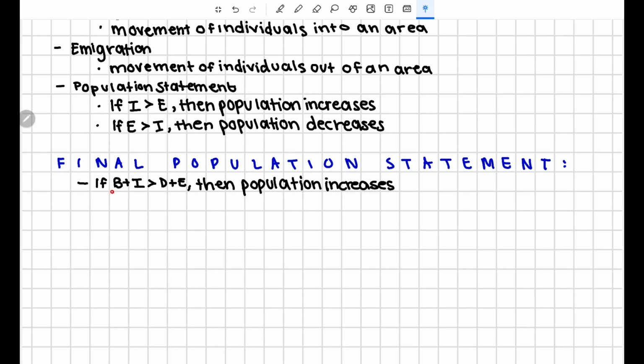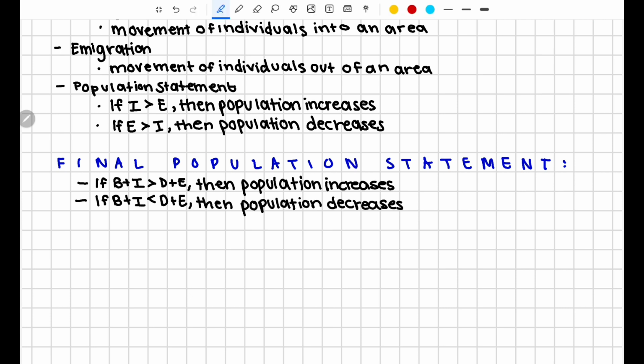If the birth rate plus the immigration rate is greater than the death rate plus the emigration rate, then the population is definitely going to increase, because both of the factors that cause population growth are added together, and both of the factors that lead to negative population growth are less than it. So that means the population is definitely going to increase.